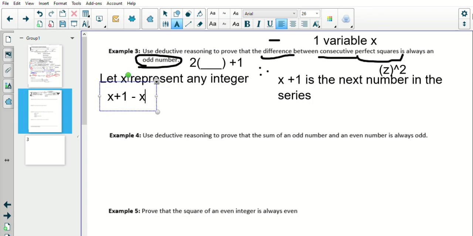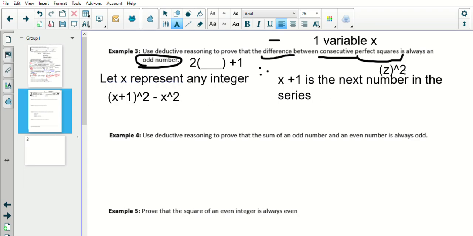But remember, right here, it says I have to look at the difference of perfect squares. So I'm going to have to make sure that both of those values are squared. Okay? So I'm left with x plus 1 squared, subtract x squared.